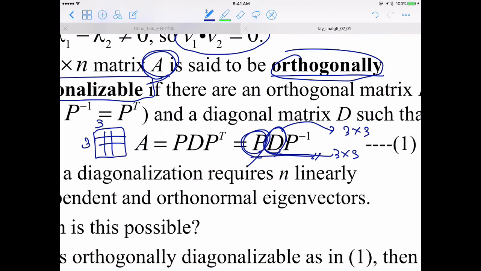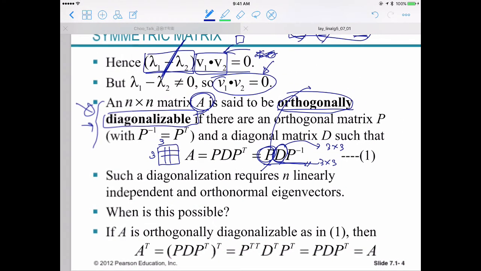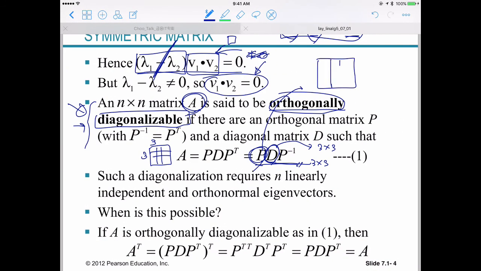If you can find such a P, then your matrix A is said to be diagonalizable. In matrix P, each column should be an eigenvector, and the matrix D is a diagonal matrix whose diagonal entries are the corresponding eigenvalues.